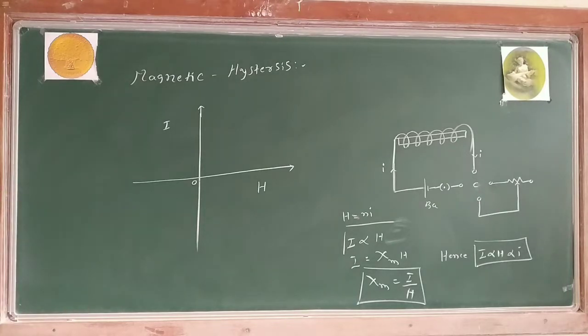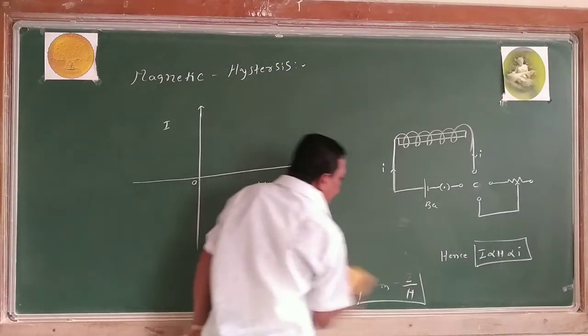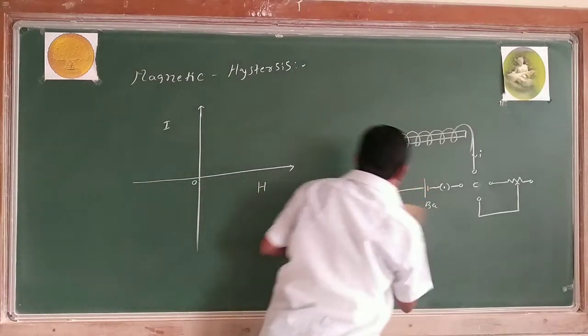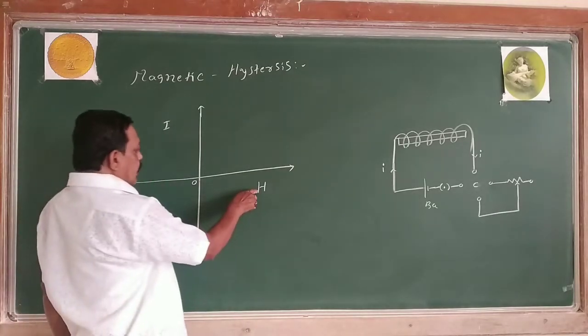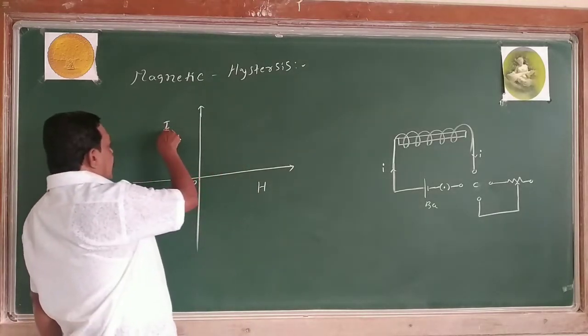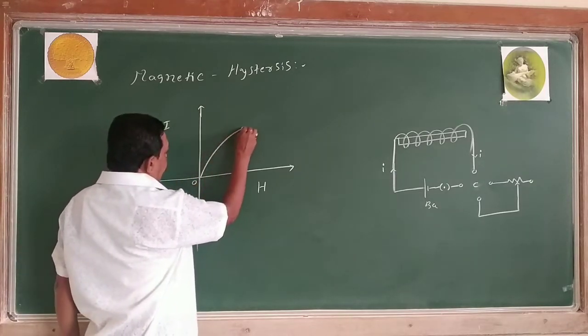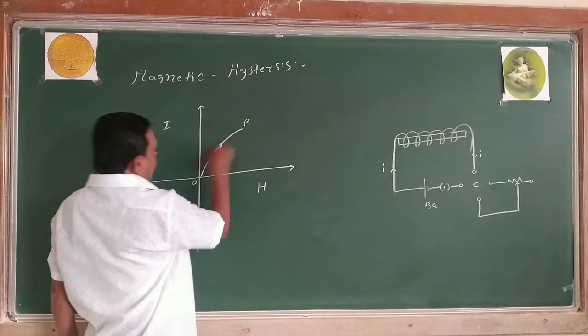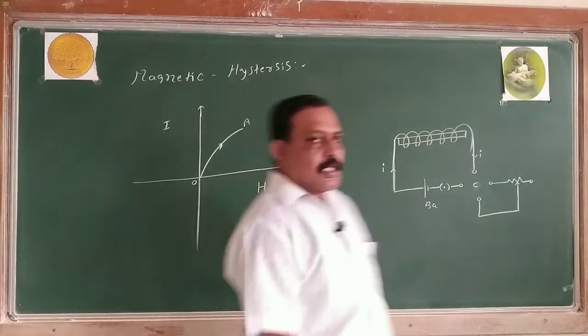Then, as I increases, the magnetizing field also increases. As H increases, the intensity of magnetization also increases. It reaches the maximum, point A. Every metal has its capacity to become a magnet.